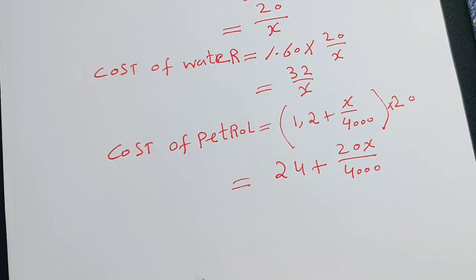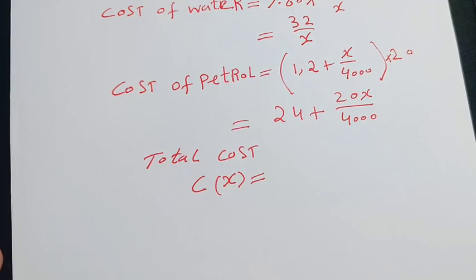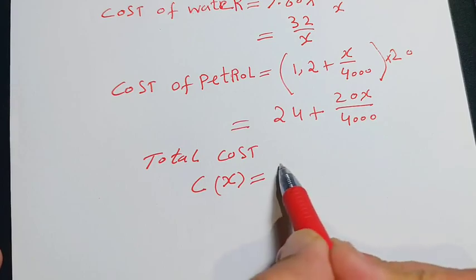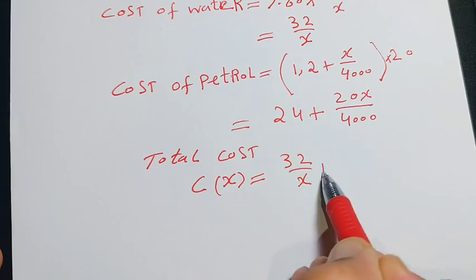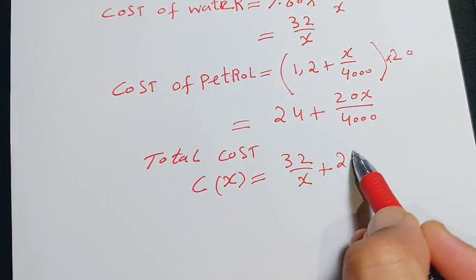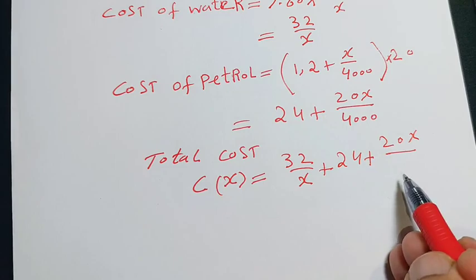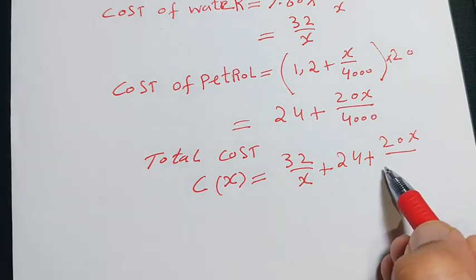Now we need to find the total cost function. The total cost, which I denote with C of x, is equal to the cost of water plus the cost of petrol. So the cost of water is 32 over x, plus the cost of petrol, which is 24 plus 20x over 4000.